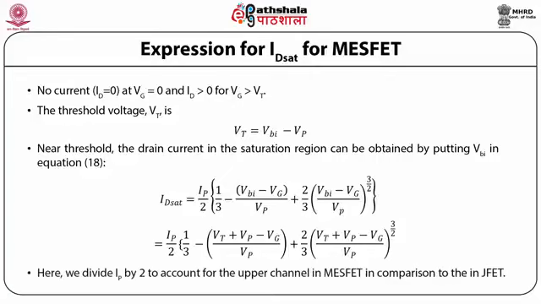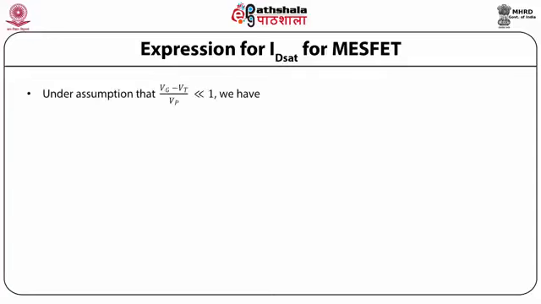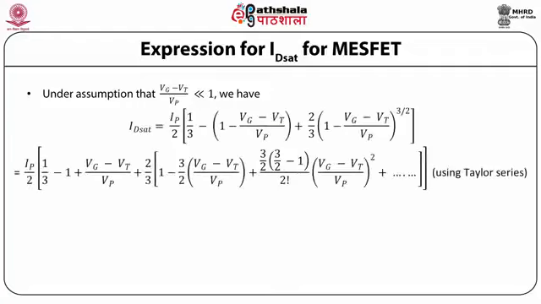Now here we divide IP by 2 to account for the upper channel in a MESFET in comparison to that in a JFET. Under the assumption that (Vg minus Vt) by Vp is very much less than 1, we have ID saturation equal to IP by 2 multiplied by (1 by 3 minus (1 minus (Vg minus Vt) by Vp) plus 2 by 3 multiplied by (1 minus (Vg minus Vt) by Vp) to the power 3 by 2).